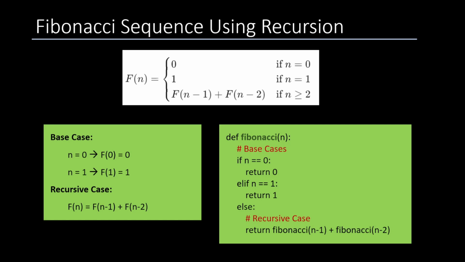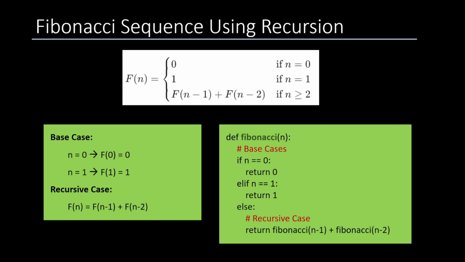The Fibonacci function is defined recursively as f(n) = f(n-1) + f(n-2). This means that to calculate the Fibonacci number for n, we need the Fibonacci numbers for the two preceding values, n-1 and n-2.